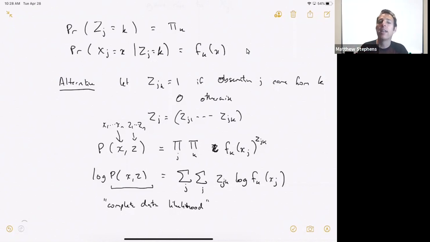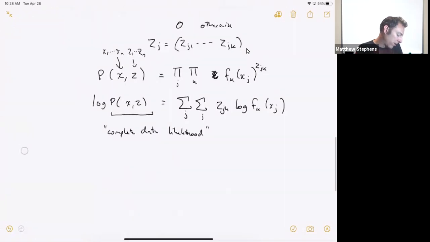The complete data is not only what we observe, but also the component indicators, the information on which component gave rise to each observation. That's missing data. So this X and Z are often called the complete data, or sometimes the augmented data.